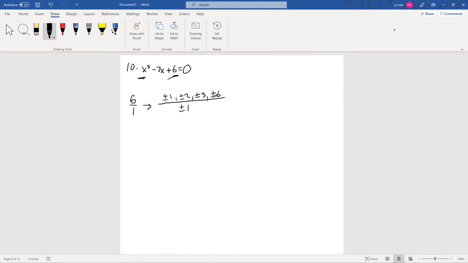And then we just have to now write out all of our possible factors. So it is pretty simple for this one since it's just 1. So obviously it'd be 1, -1, 2, -2, 3, -3, and 6, -6.